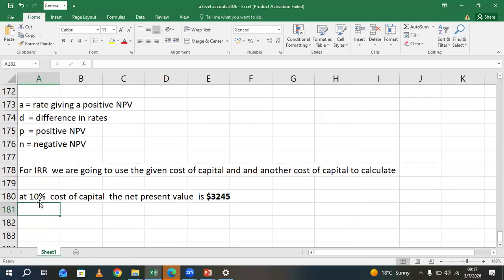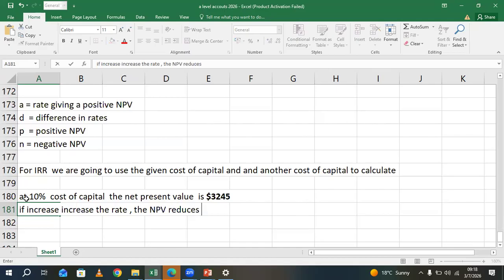The higher the rate, the more the NPV reduces. So if we increase the rate, the NPV reduces.